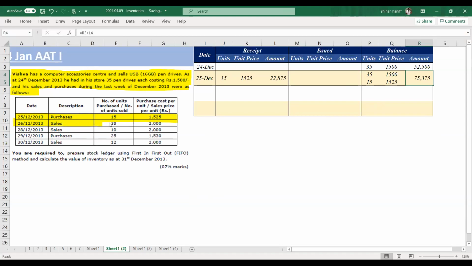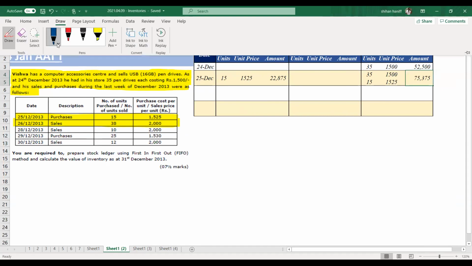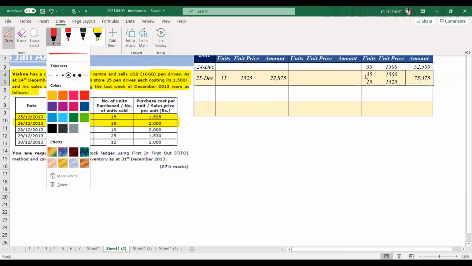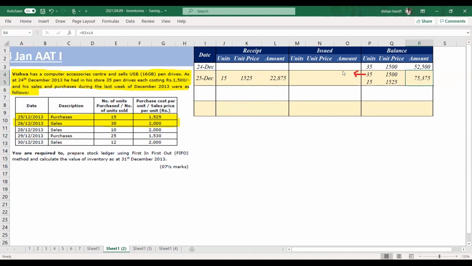Then there is a sale. Selling 38 units. So how do you sell 38 units? First in, first out. First you will sell this entire 35 units. And the remaining 3 units you have to take from the 1,525 stock. So 35 units from 1,500, 3 units at 1,525.